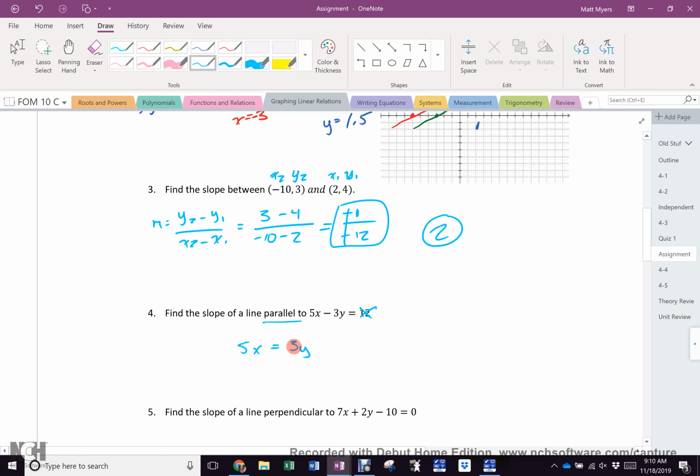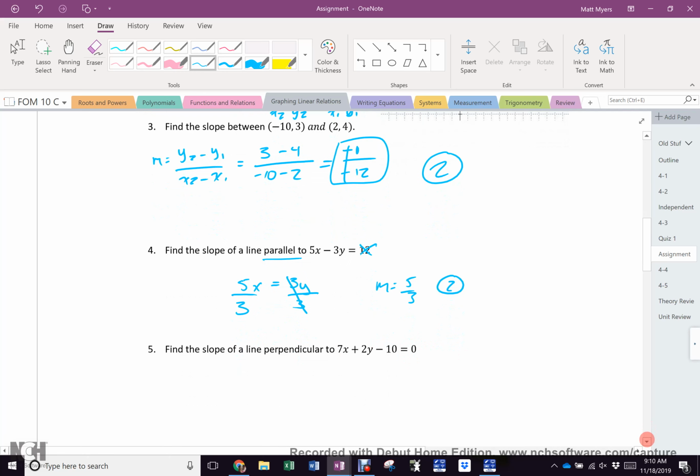Now what do I do to get rid of that 3? Divide by 3. Now y is isolated. What's the slope? 5/3. What's the slope of every parallel line? 5/3. That's your answer. Every parallel line will have that slope.